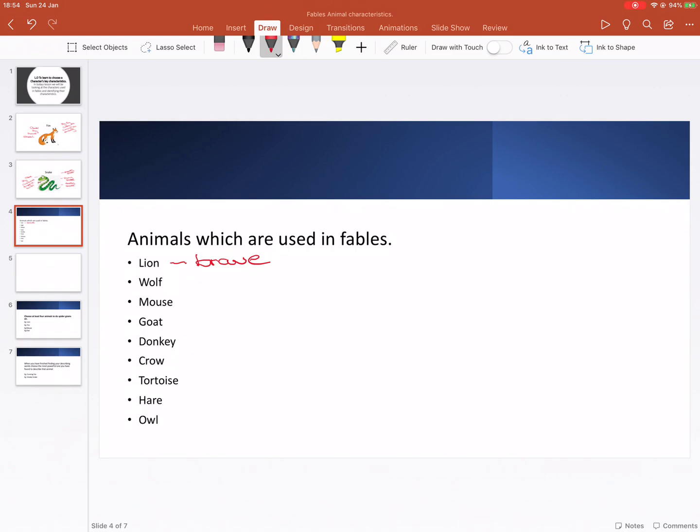We'd have something for wolf, mouse. I'd probably use timid mouse, goat, donkey, crow, tortoise, hare, owl. I always think when I think of an owl as a wise owl.